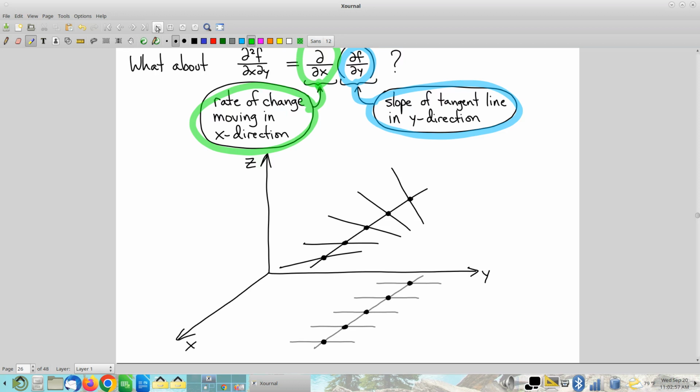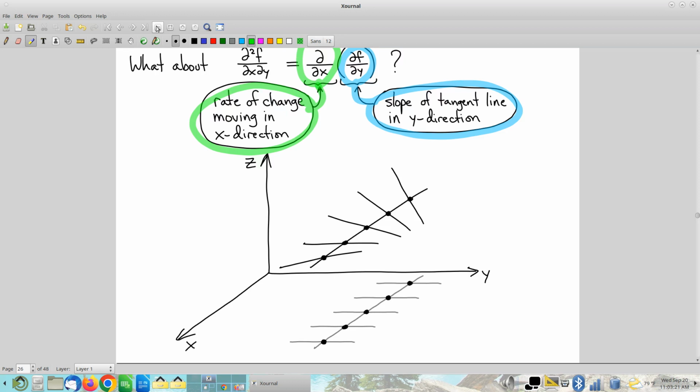Sometimes the more you draw, the more clear your picture becomes, but eventually the more you keep drawing, you're just making it cluttered. And I feel like that's what happened here when I tried to draw a surface, but you could imagine a surface. You can almost kind of see a surface where these are tangent lines that I'm drawing. So use your imagination as to what the surface is.